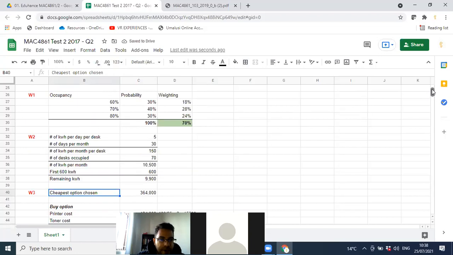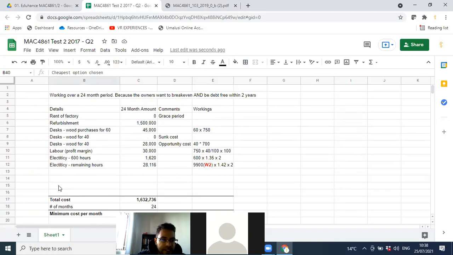Okay, so now we go up over here. We're going to say printing costs, 364,000. You're going to say I option chosen because cheapest.